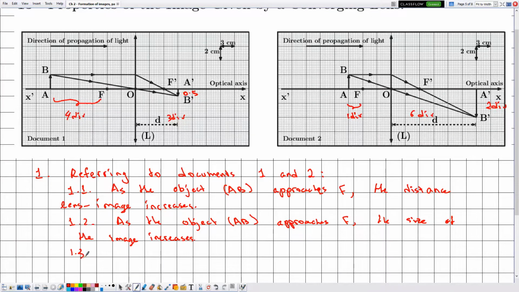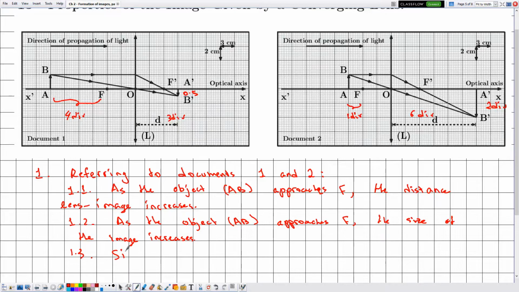And finally, the last thing that we can notice by comparing these two documents, is that whenever the object AB is placed in front of the object focus, then the nature of the image will be real, because we know that a converging lens gives a real image and a virtual image, and this depends on the position of the object.